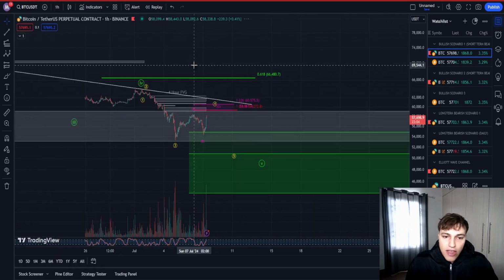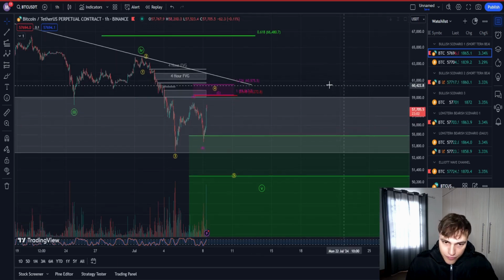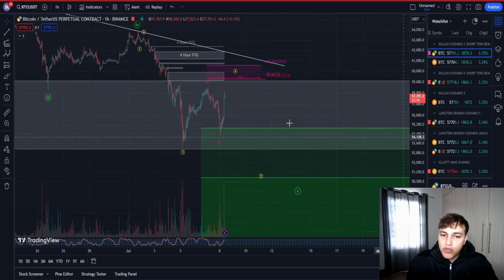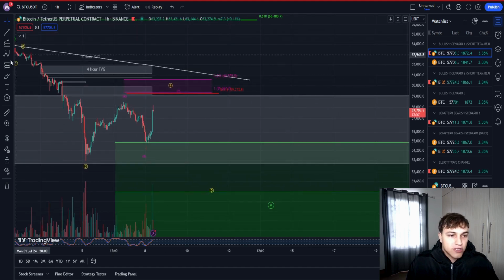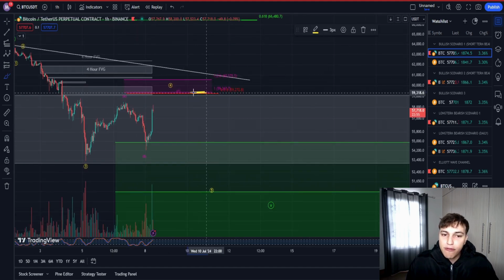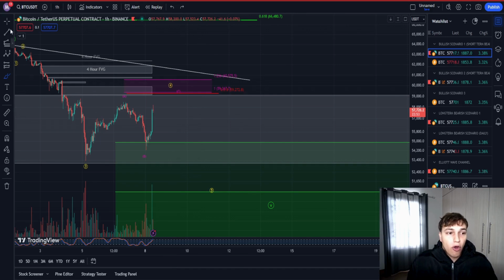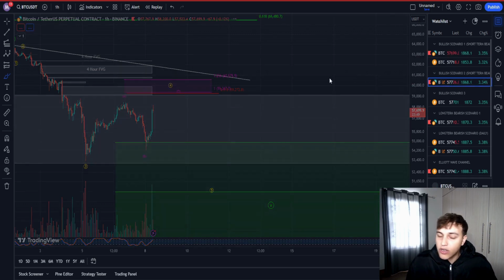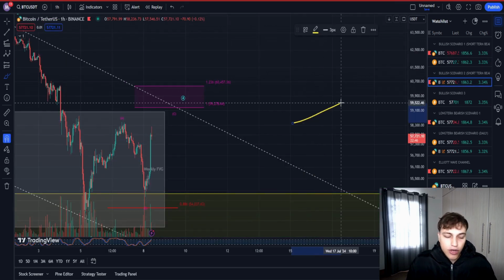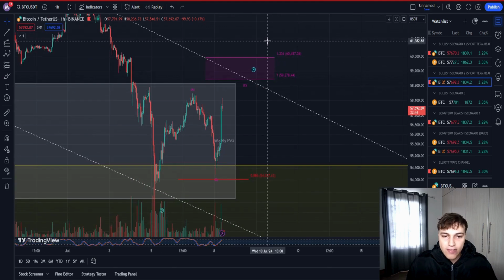On the 1-hourly time frame, I would at the moment wait until we hit the 1-to-1 and wait for a reaction, the 1-to-1 of the C wave. Now, that would be in confluence with this scenario, which is looking more likely at the moment.